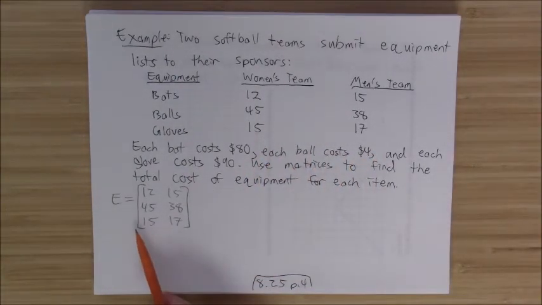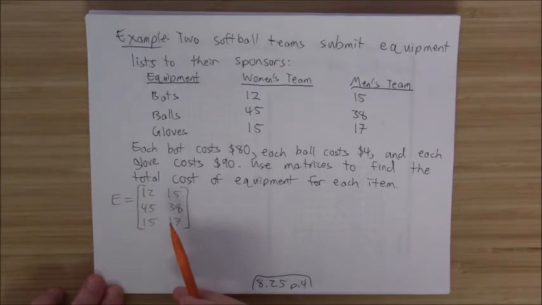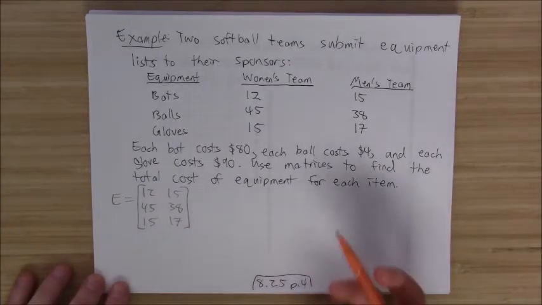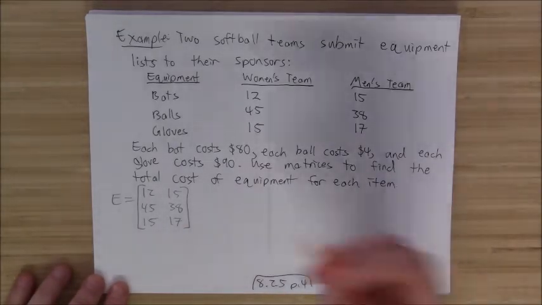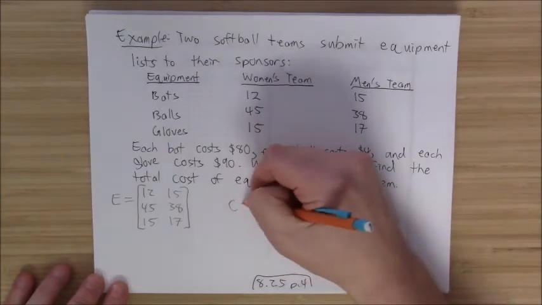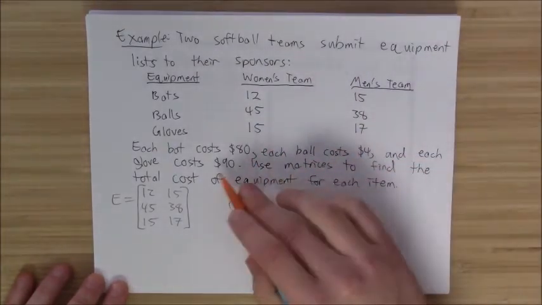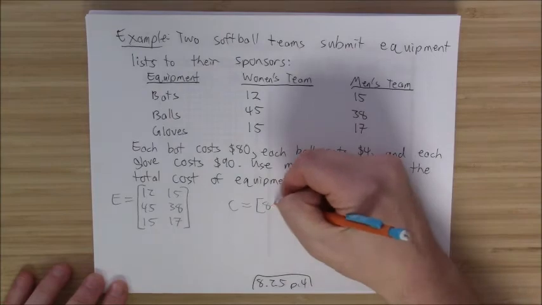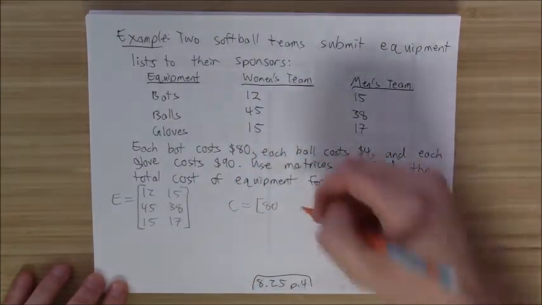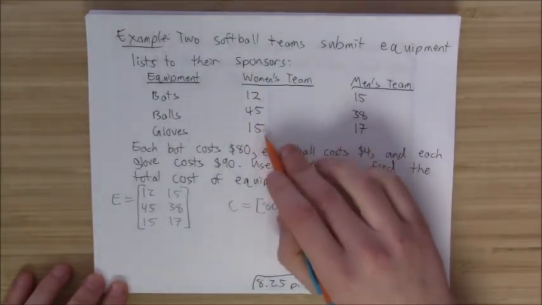So we have E there. We also are going to let C be the cost per item. If you let C be the cost per item, that list will be 80 for a bat, 4 for balls, and we need to correspond them here.